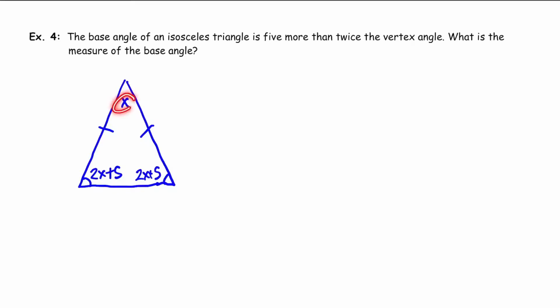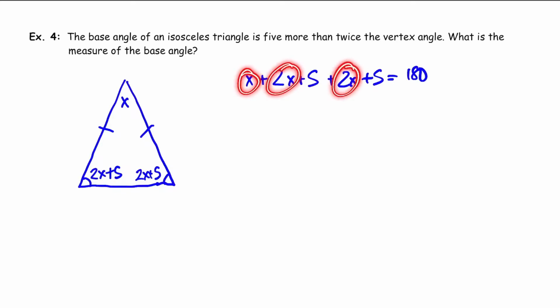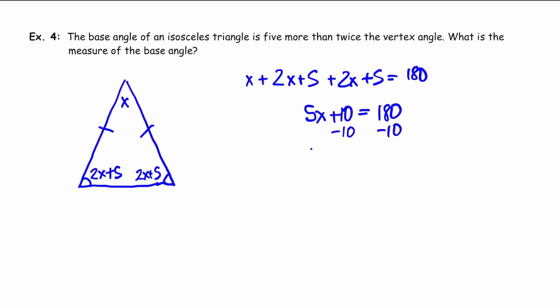And now these three angles add up to 180 degrees. So I've got x plus 2x plus 5 plus 2x plus 5 equals 180. I'm going to combine my like terms. That gives me 5x, and that gives me 10. 5x plus 10 equals 180. Subtract 10. 5x equals 170.